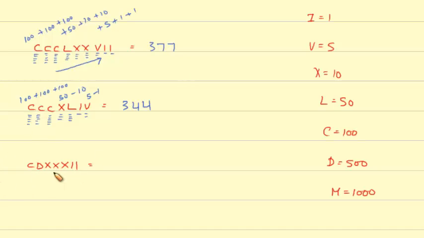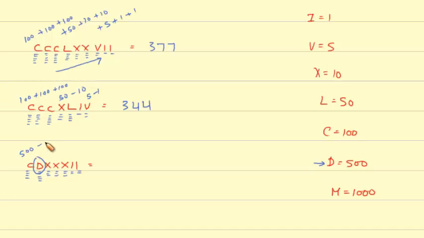Okay, let's look at this one. We start off with the greatest value, which in this case is something new. It's a D, which is 500, so I'm going to underline that. After that we have the C, which is 100, and then a couple of X's, and then the 2 I's. Starting from the numeral with the greatest value, which is a D, 500, we can't just write 500 because there's a C before that.